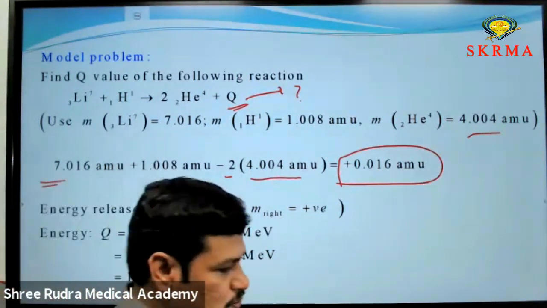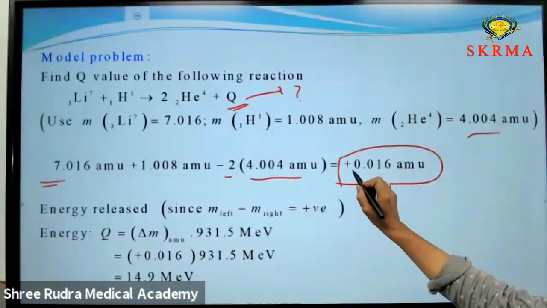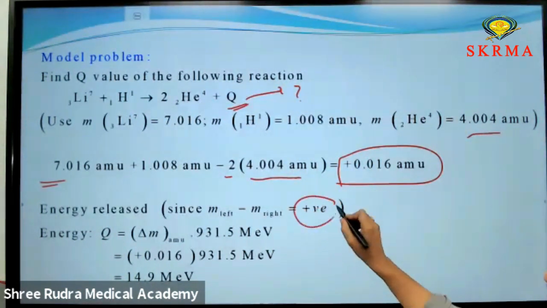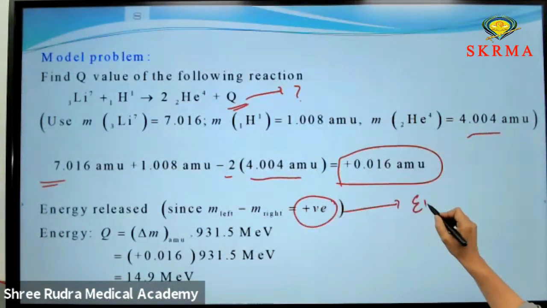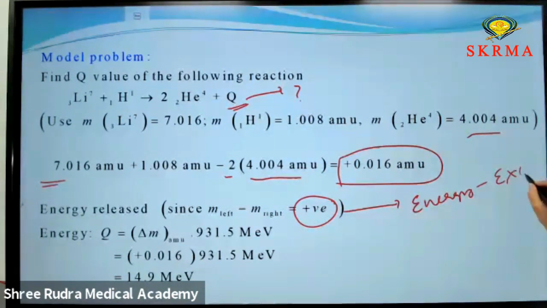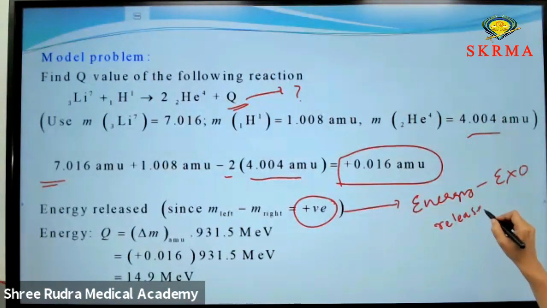This is positive. I already told you that if the mass difference, M left minus M right, is positive, then energy is released, that is exothermic reaction.